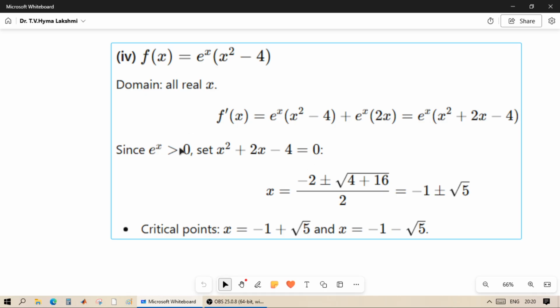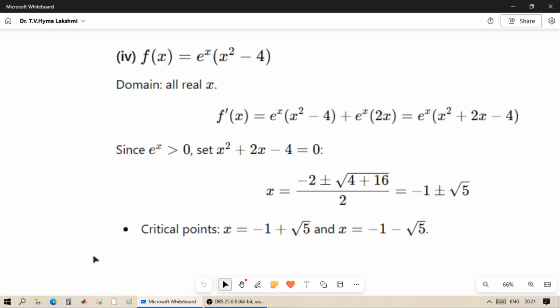From this quadratic equation we can find the roots by writing minus b plus or minus square root of b square minus 4ac by 2a, that equal to minus 1 plus or minus root 5. So the critical points are x equal to minus 1 plus square root of 5 and x equal to minus 1 minus root 5.